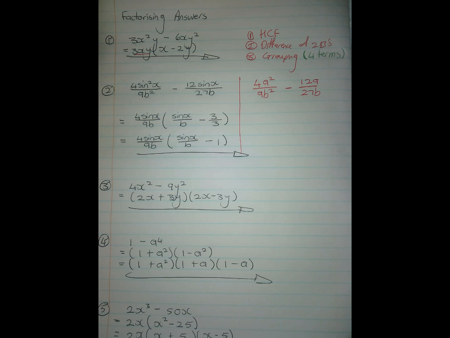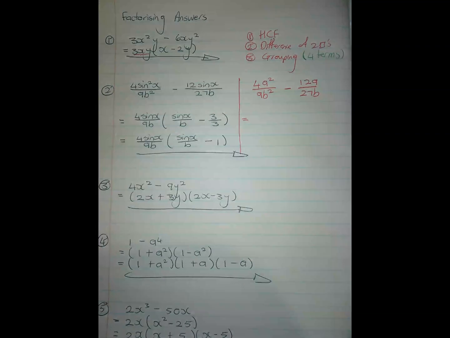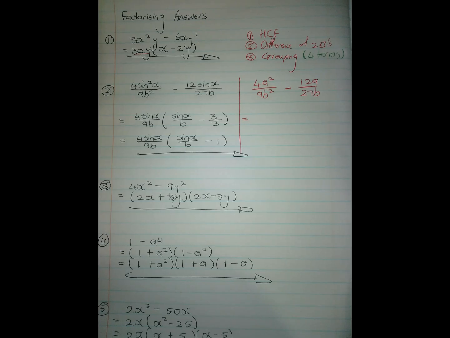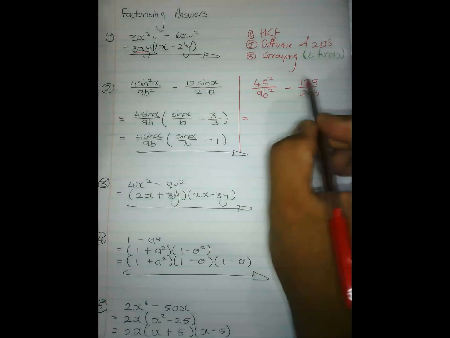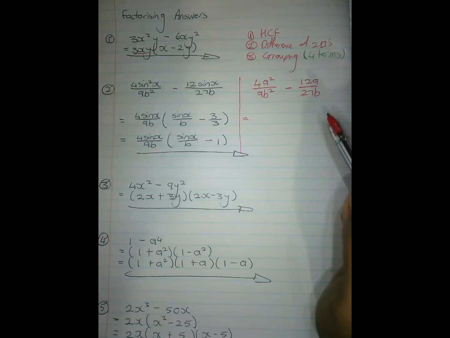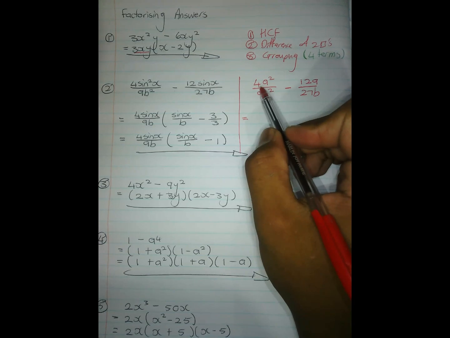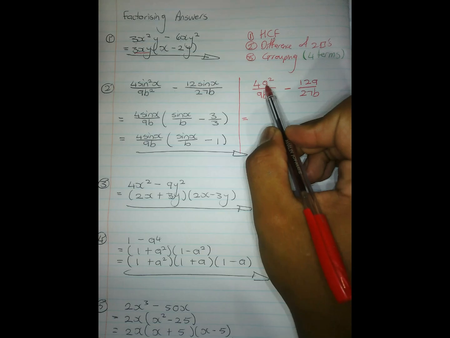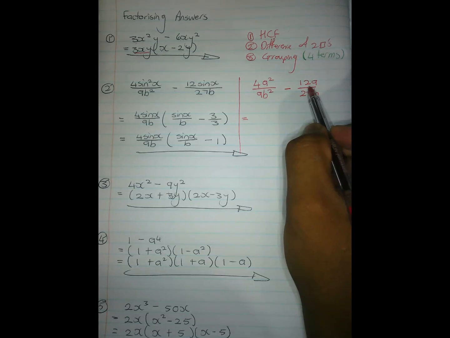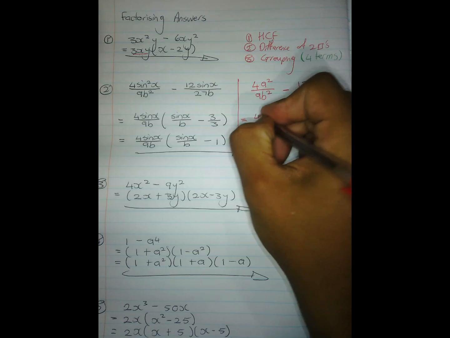That's an x, just a placeholder. So how I'm going to do this is, I will look at the top only first, the numerators. The highest common factor of the numerator will be 4a, because 4a can go into here and that one there, right? So I'll take a highest common factor of 4a.